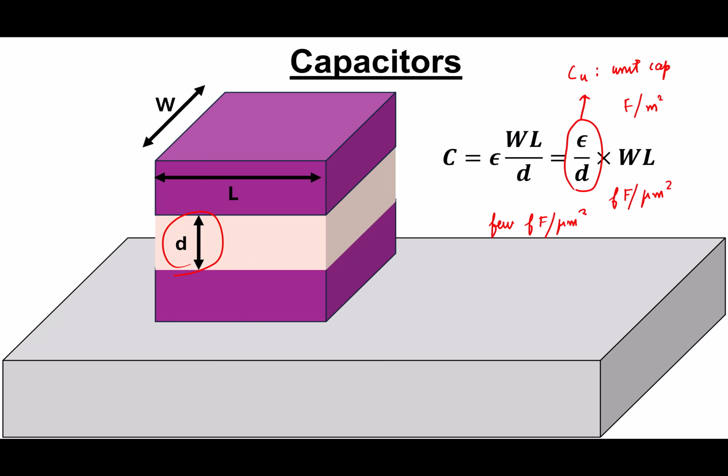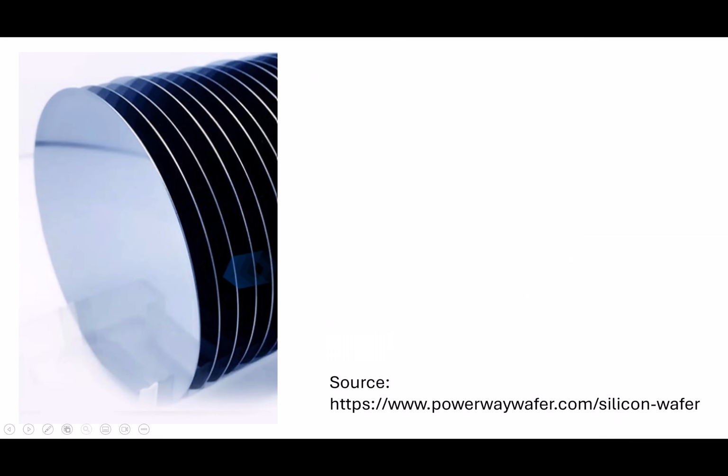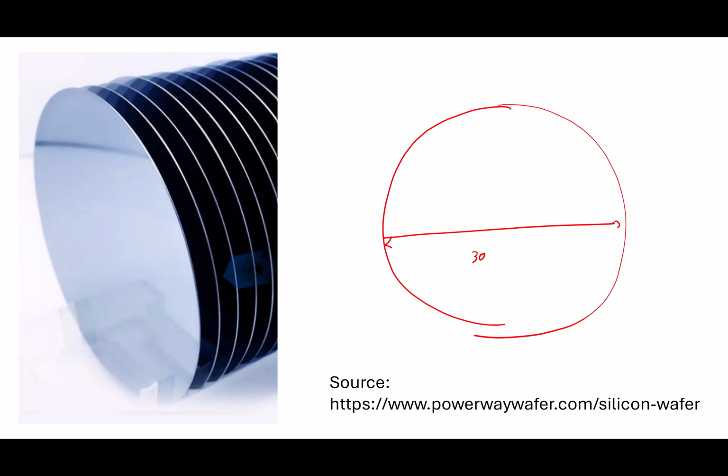Cool. And of course, now if you make all these things and make your design, you fabricate it. You don't fabricate just one design. You fabricate one whole silicon wafer. So this is how a silicon wafer looks, like a nice shining plate. One of the standard dimensions is about 300 mm diameter.